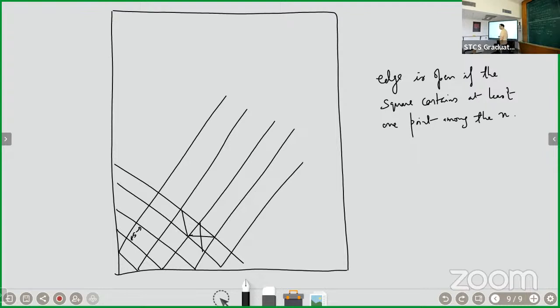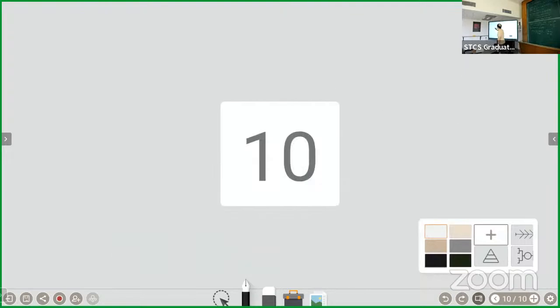I'll give you the broad idea, not the gory detail. So now look at these horizontal and vertical edges.